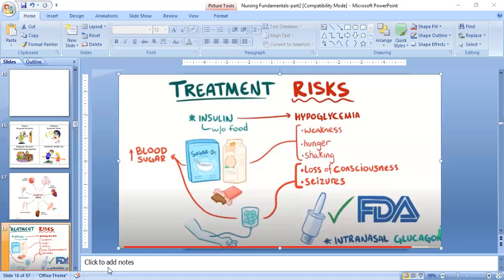Always administer 4 to 5 injections on one side before switching to another side. The injection always has to be given at a 90-degree angle, right?